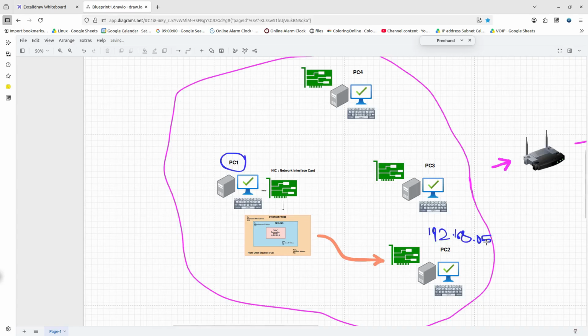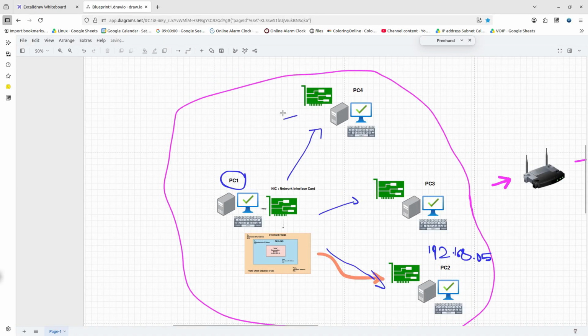I want to talk to you specifically." So first, it gives a shout to everyone. It asks all of them together, "Hey, are you the computer with the IP address of 192.168.0.5? Please speak up if you are."